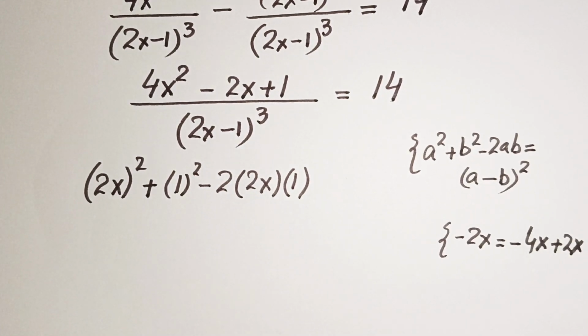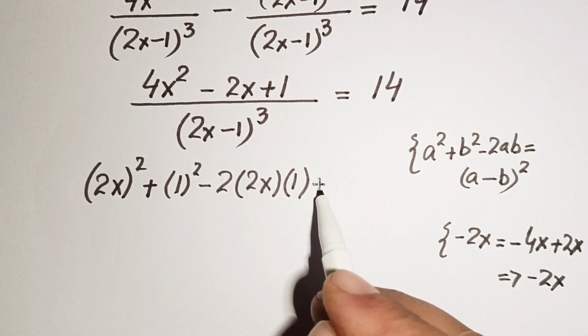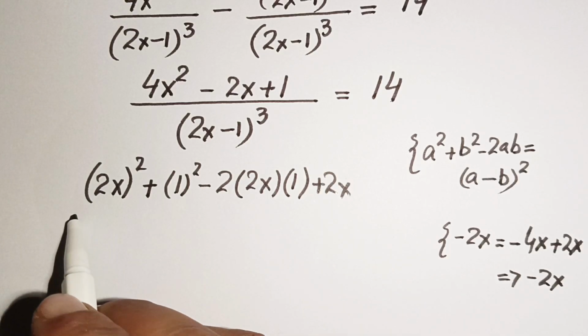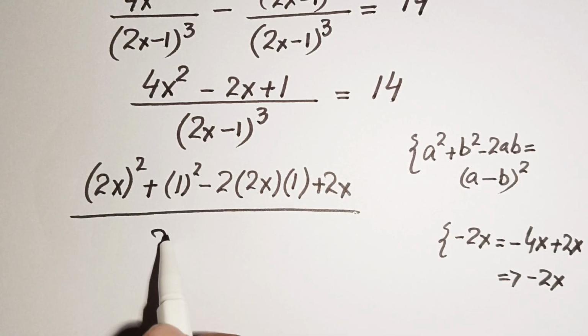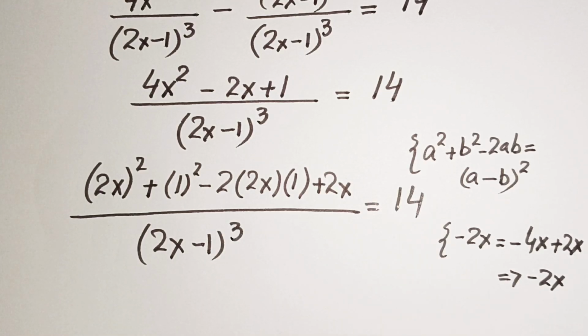So we are adding plus 2x all over (2x minus 1) whole cubed, equal to 14. I hope you have got this step, because we have made the perfect square, and for making the perfect square we just add plus 2x here.